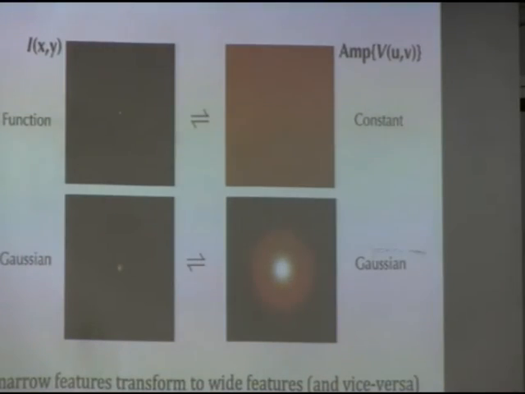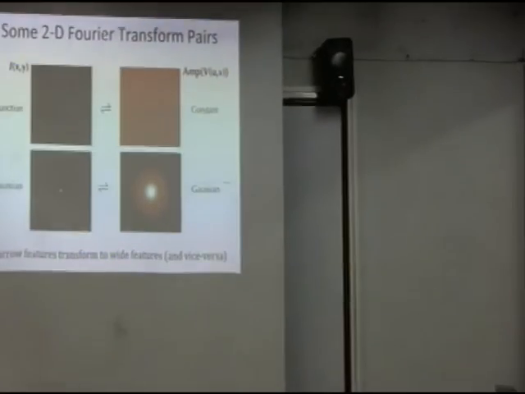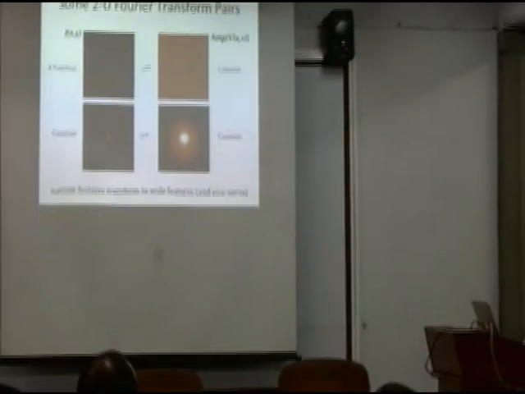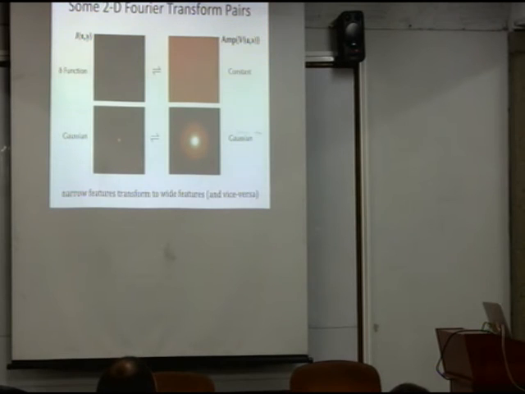Okay, so now comes the funny part, because now we did this in 1D, but ALMA is a 2D interferometer. So we also need to train our eye to the two-dimensional Fourier transform.